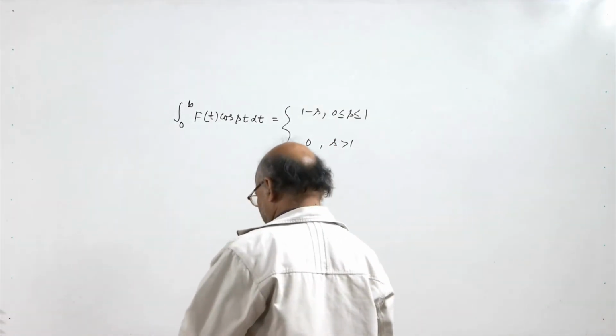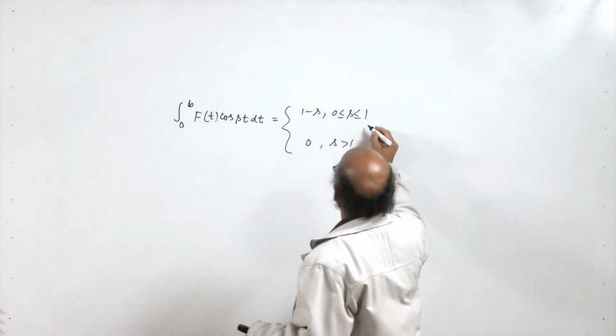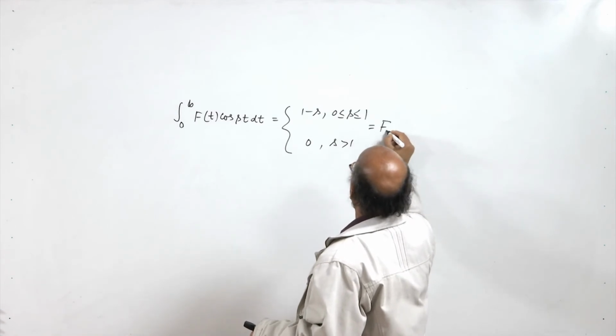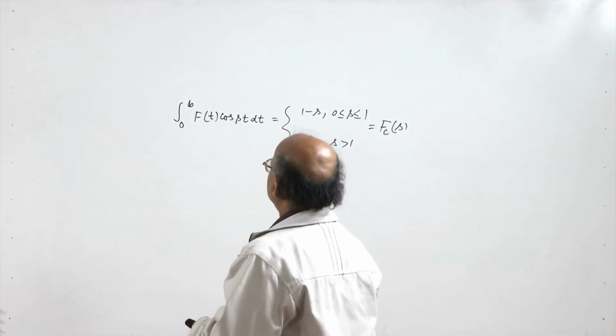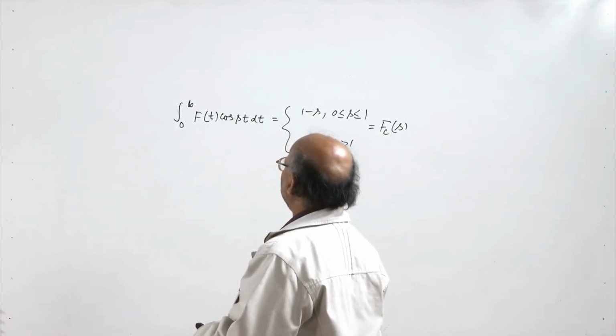So here this is nothing but what you can call F_c bar(s), because we can identify this equation as the Fourier cosine transform of the function f(t).